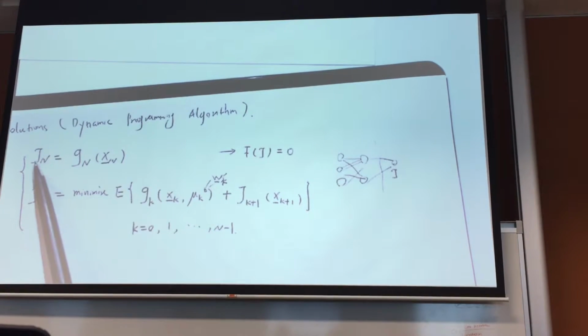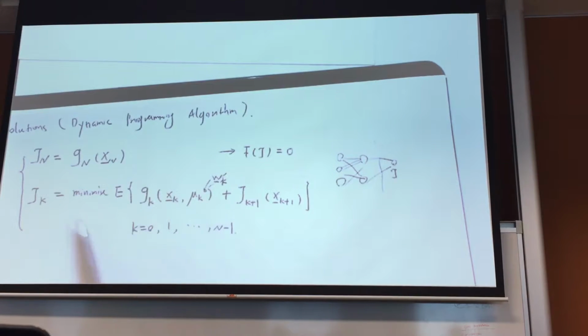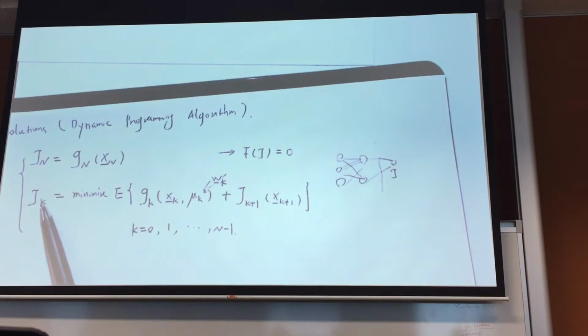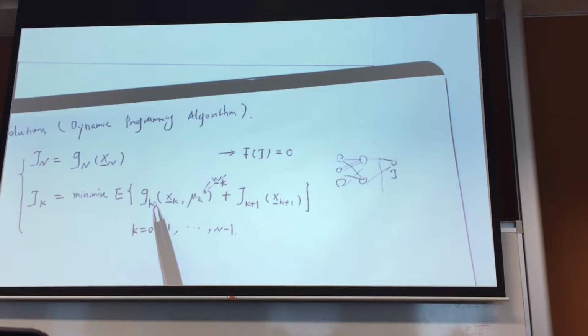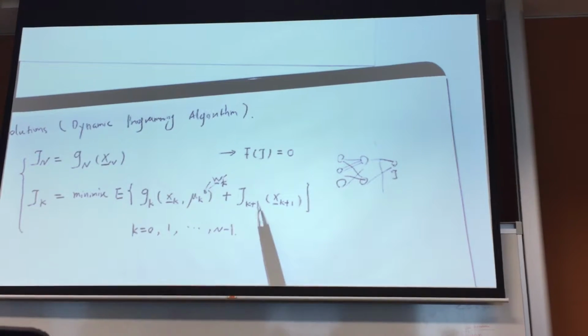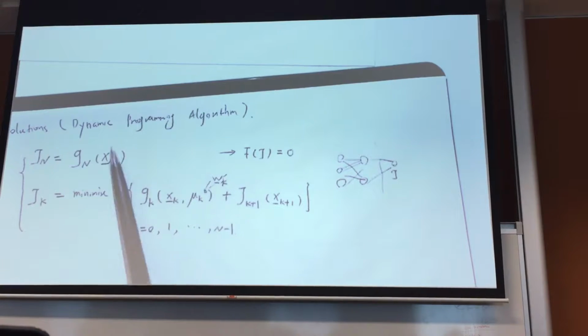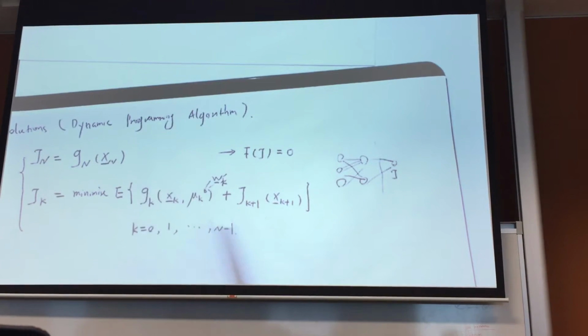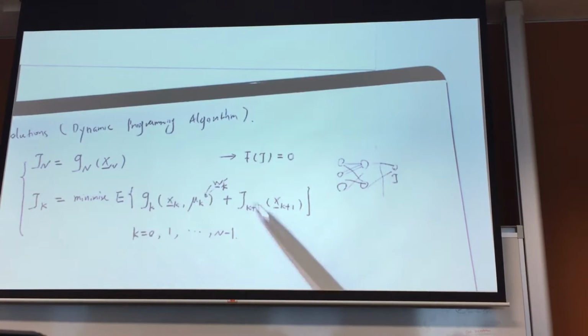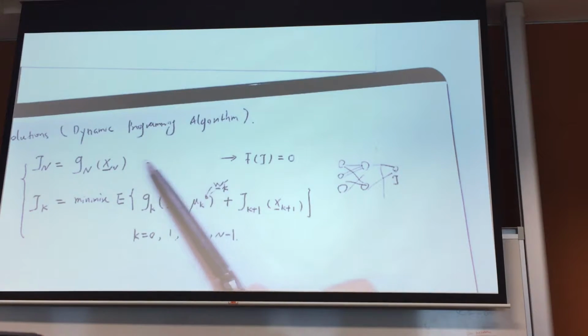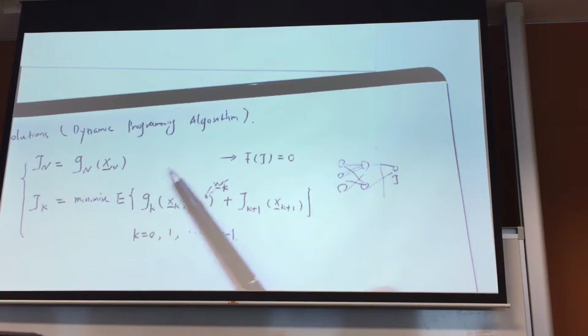So for example, here we have the Jn, then for the immediate previous state, Jn minus 1, we have this function, Gn minus 1, and Jn is known from here. So for the n minus 1 step, this one is known. We only need to optimize this single step. So we do this recursively.